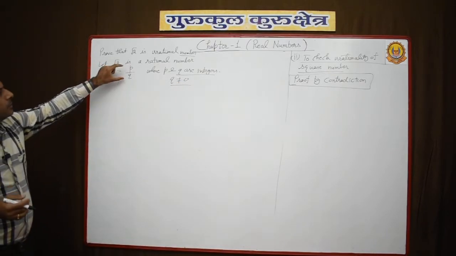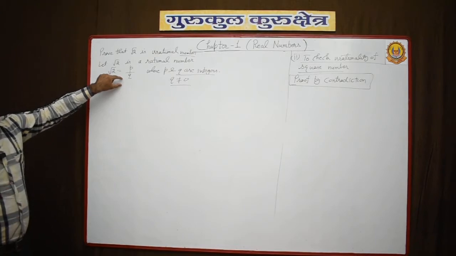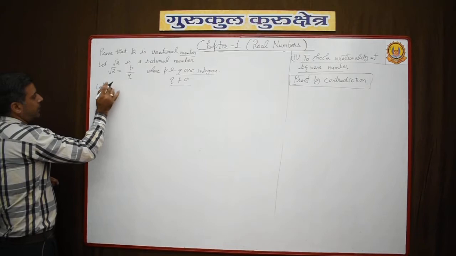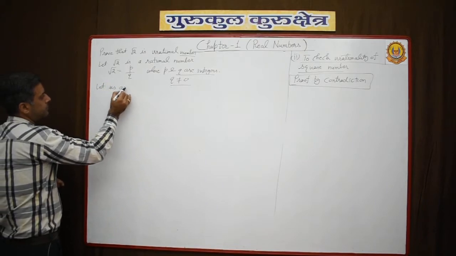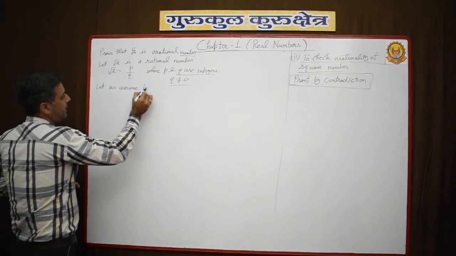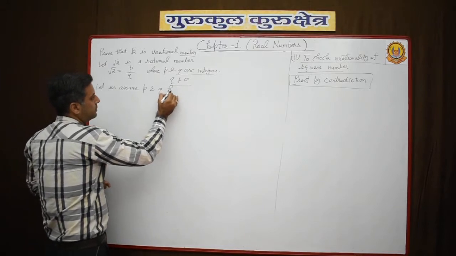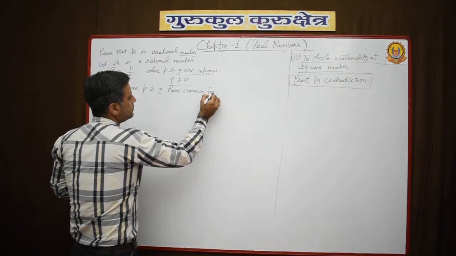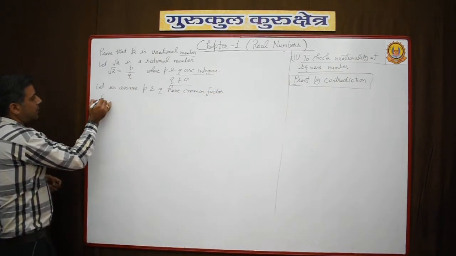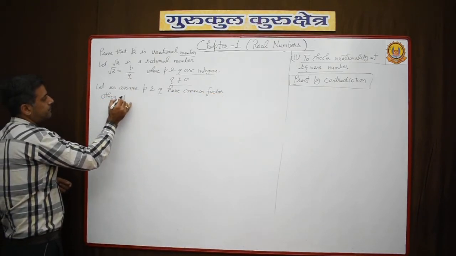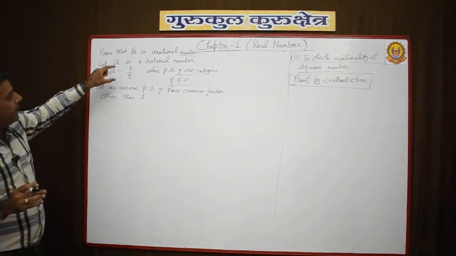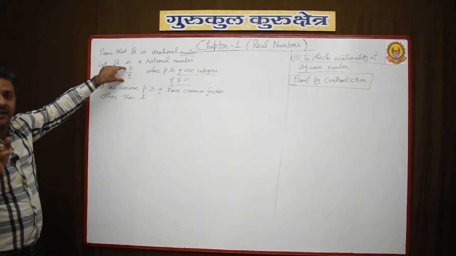So let us assume p and q have a common factor other than 1. So I divide these two numbers by that common factor.